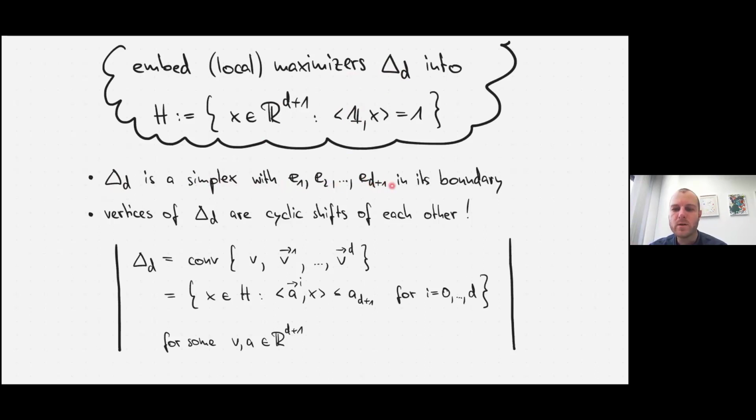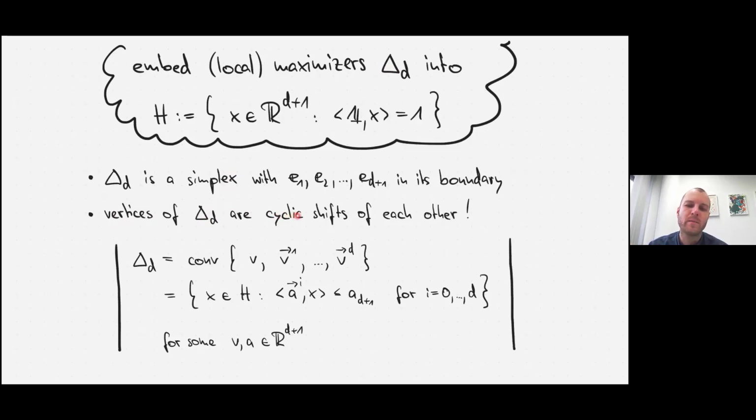Second, and now this is a crucial property. These simplices are highly symmetric in the following sense. The vertices of such a simplex are all cyclic shifts of each other.